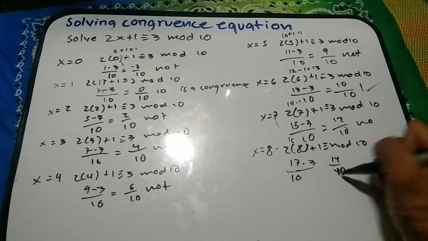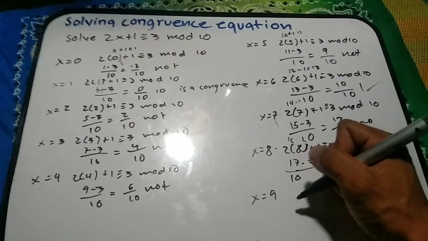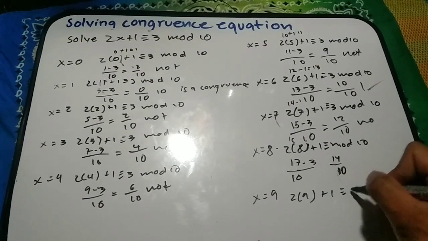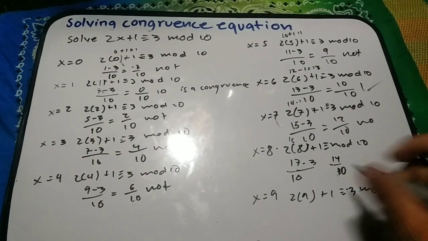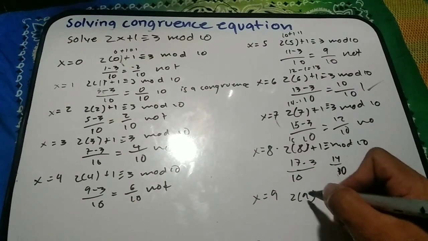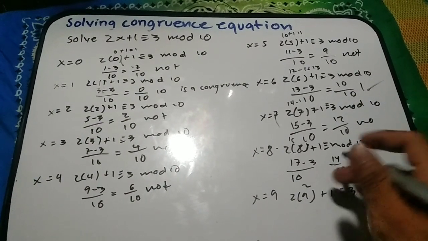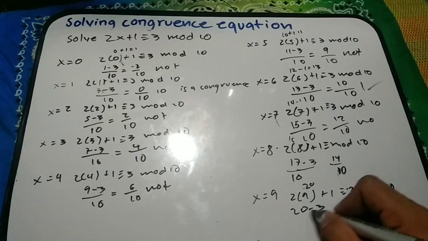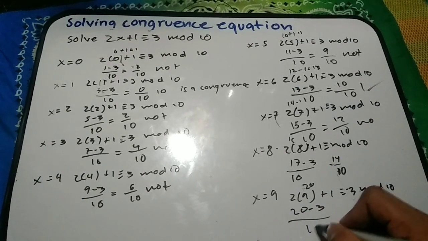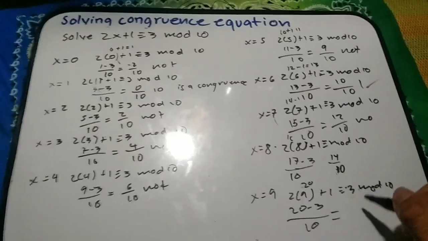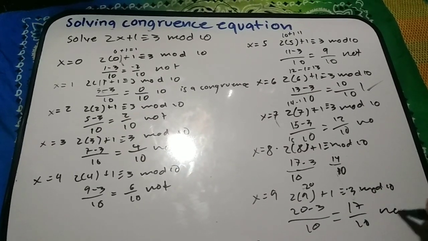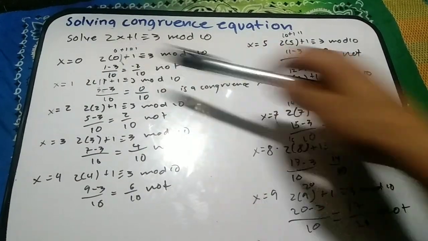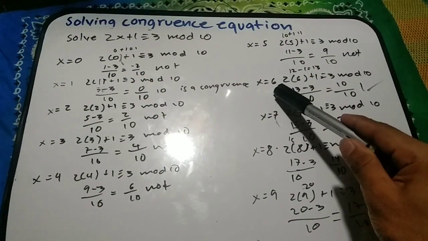So not a solution. x equals 9. 2 times 9 plus 1 congruent to 3 mod 10. 2 times 9 equals 18, plus 1 is 19, minus 3 over 10 equals 16 over 10. So not a solution. The solutions between 0 and 9 are 1 and 6.